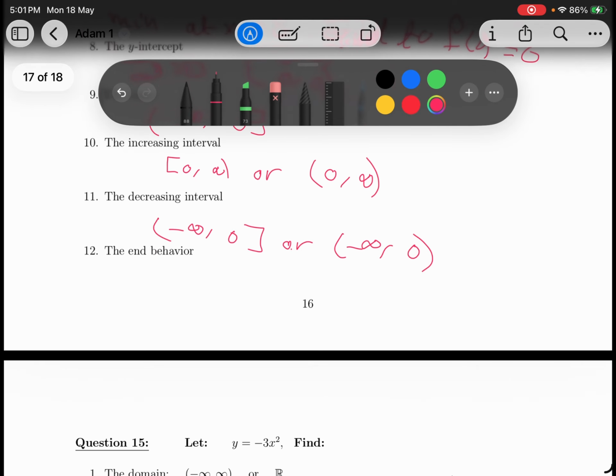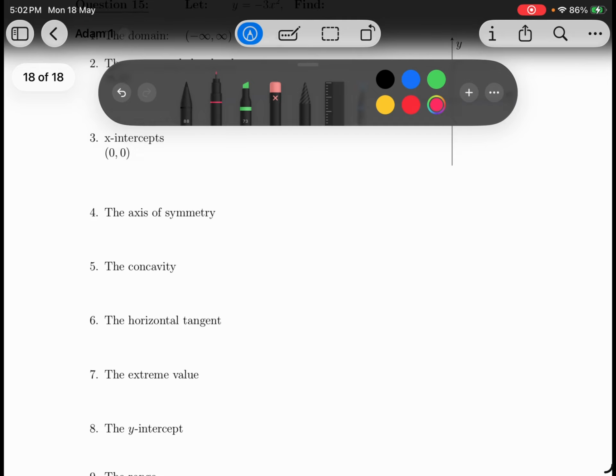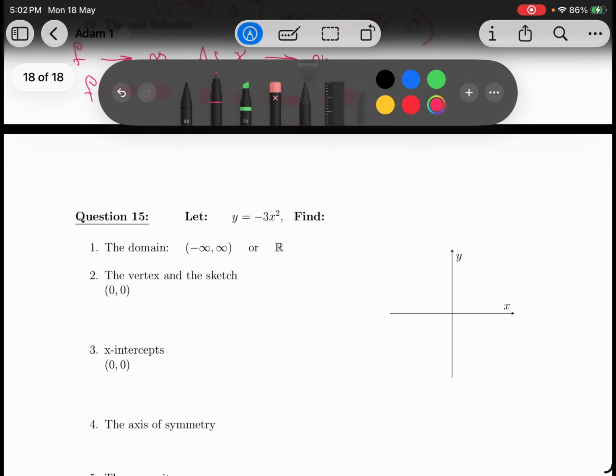So you can write this as: f goes to infinity as x goes to infinity, and f goes to infinity as well as x goes to minus infinity. Or you can use the limit notation. It's available maybe in the previous example. Super easy.